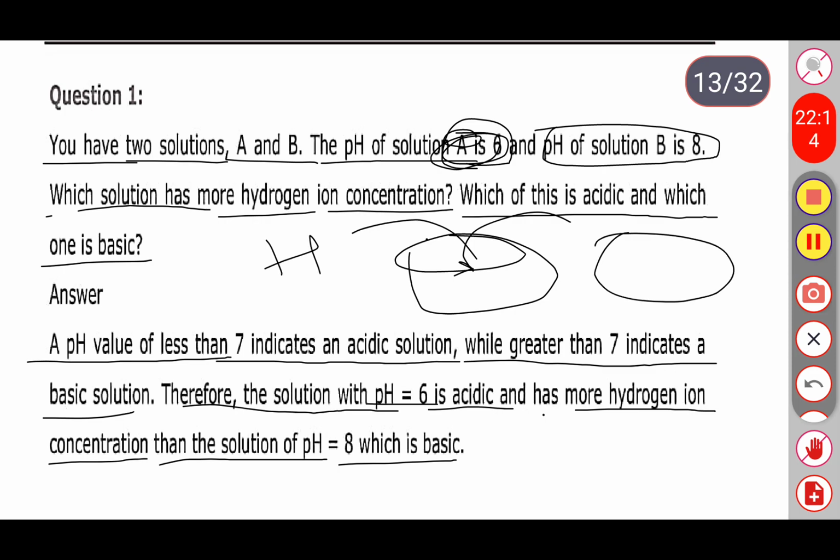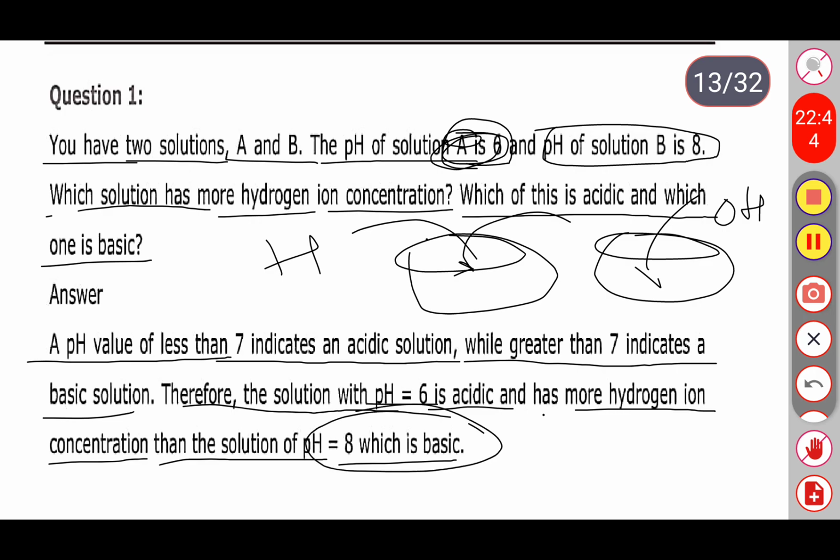It releases more hydrogen ions and has a higher hydrogen ion concentration compared with solution B, whose pH value is 8. If the pH value is 8, it's a basic solution. Okay, let's see the next question.